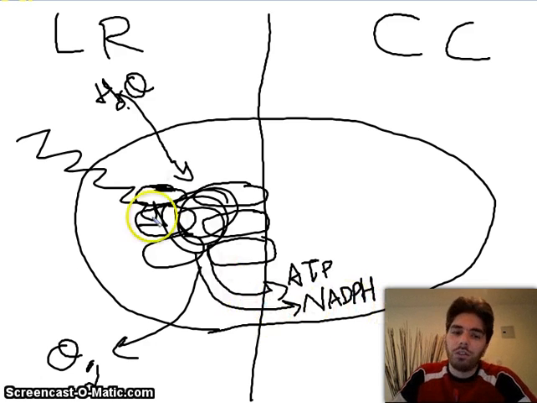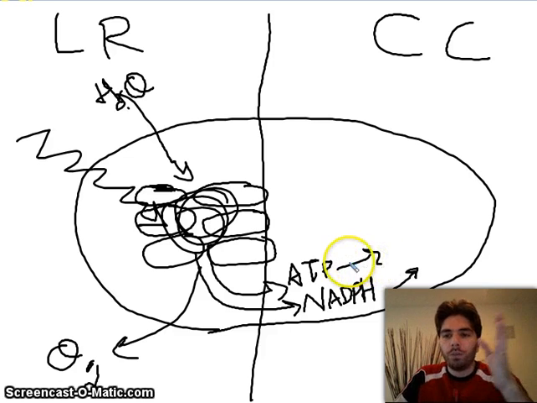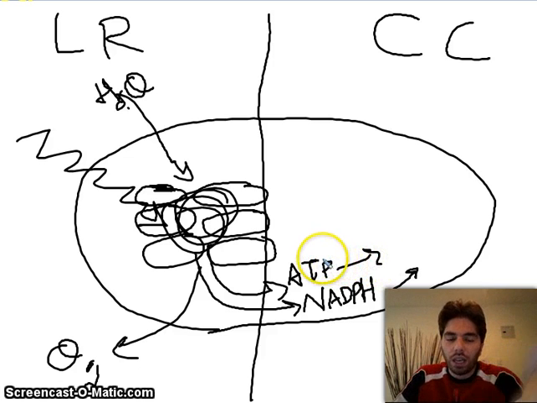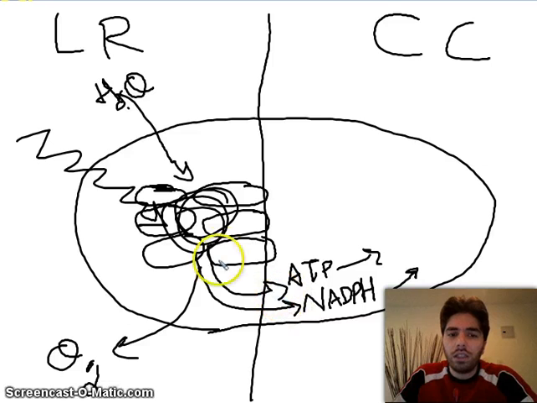It carries an electron from here and it will deliver it in the Calvin cycle. This carrying of electrons from one place to another gives energy to do some work, like provide energy for the cell, or as you will see in the details what it does exactly. So these two will originate in the light reaction and be given to the Calvin cycle.